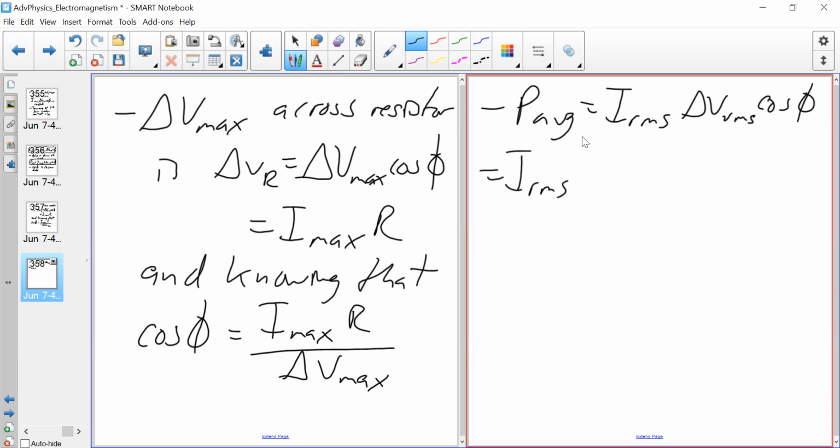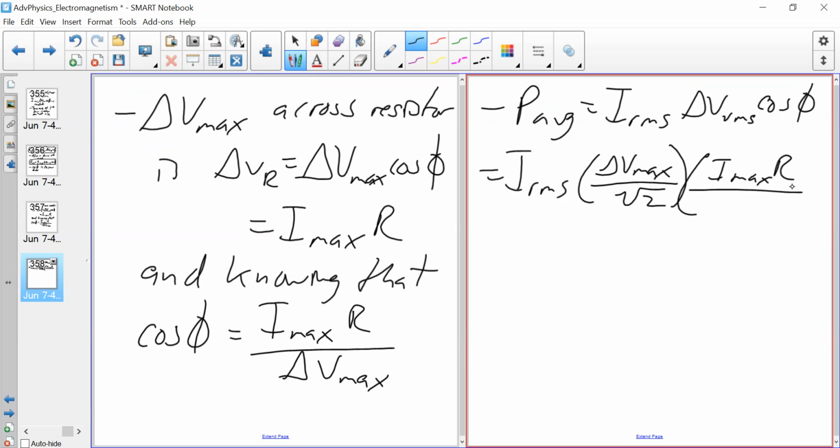So I RMS is delta V max over radical 2, because that's your RMS value of the voltage, cosine phi, I max times R. Delta V max.